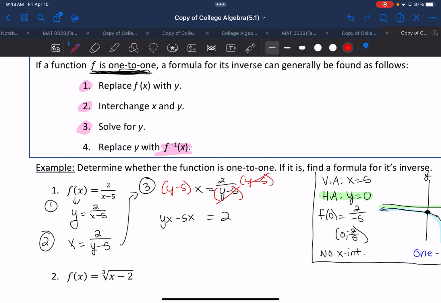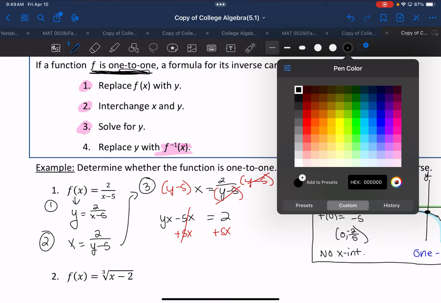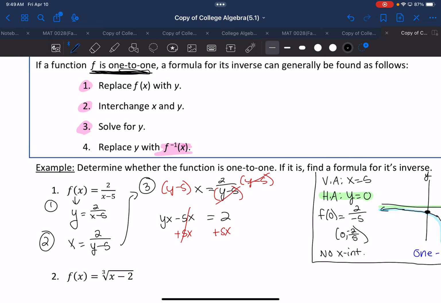So at least now I've gotten rid of my fractions. I still want to get y by itself, so what do I need to do now? I could add 5x to cancel that negative 5x on the left. And that would just give me 2 plus 5x on the right.